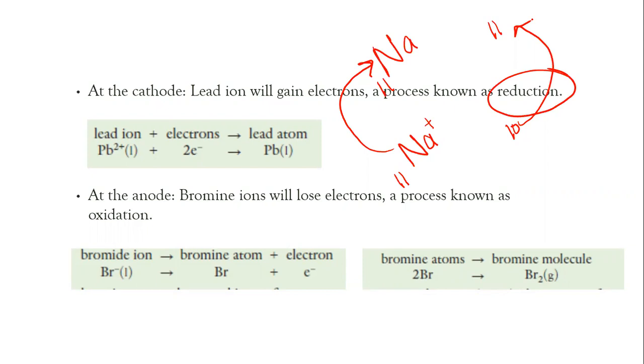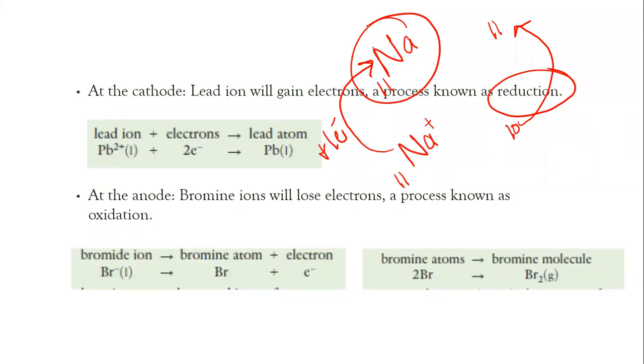So for example, if this sodium ion manages to gain an electron and become a sodium atom, we will say sodium has been reduced or sodium has undergone reduction. Any confusion in this part? No. Okay, so this is what happens at the cathode.